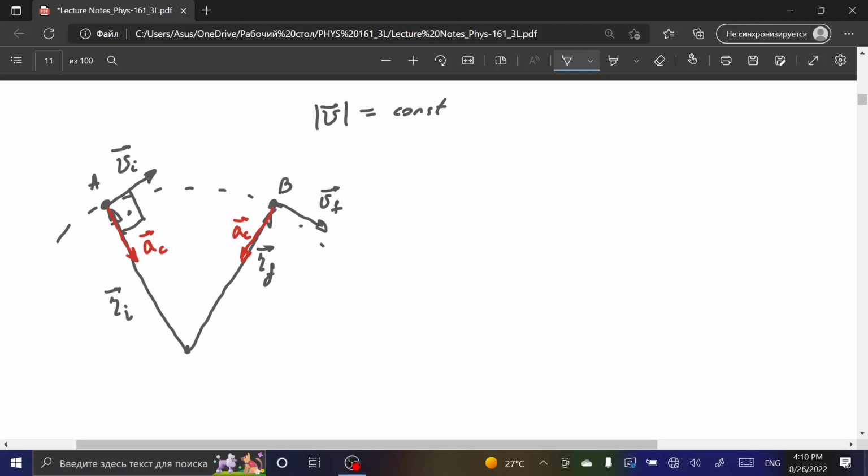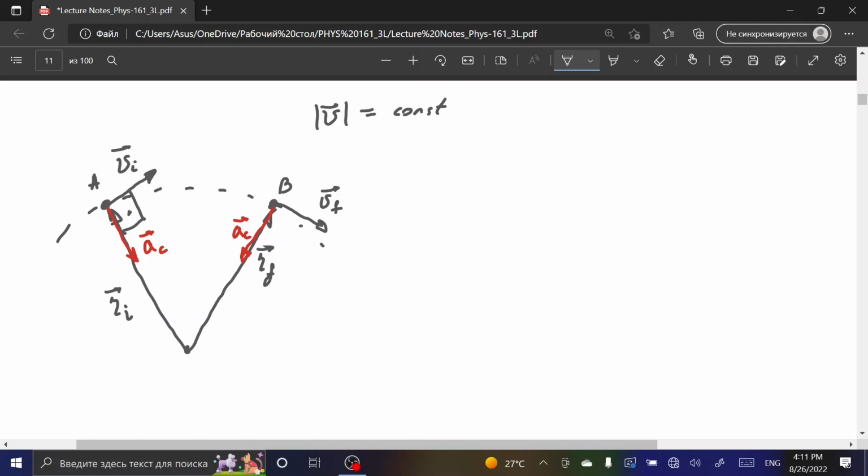And the apparent force is when this object, which is going along a circular trajectory, experiences some apparent force pushing it away from the center. So that is the difference between centripetal and centrifugal forces.